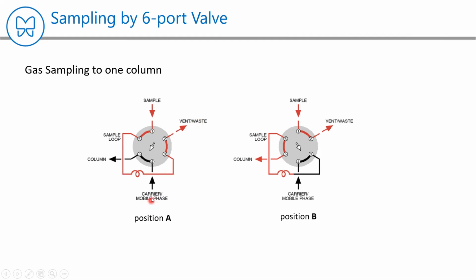At the same time, carrier gas comes and provides gas for conditioning or venting my column. After valve switching, ports 4 and 3 will be connected, 2 and 1, 6 and 5. So after switching the valve position, the carrier gas will come, push the sample out from the sample loop and carry it to my analytical column.